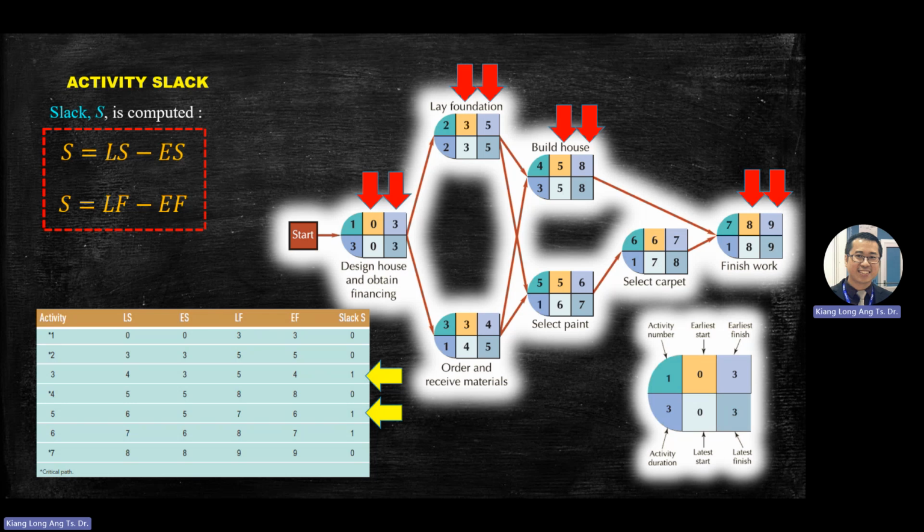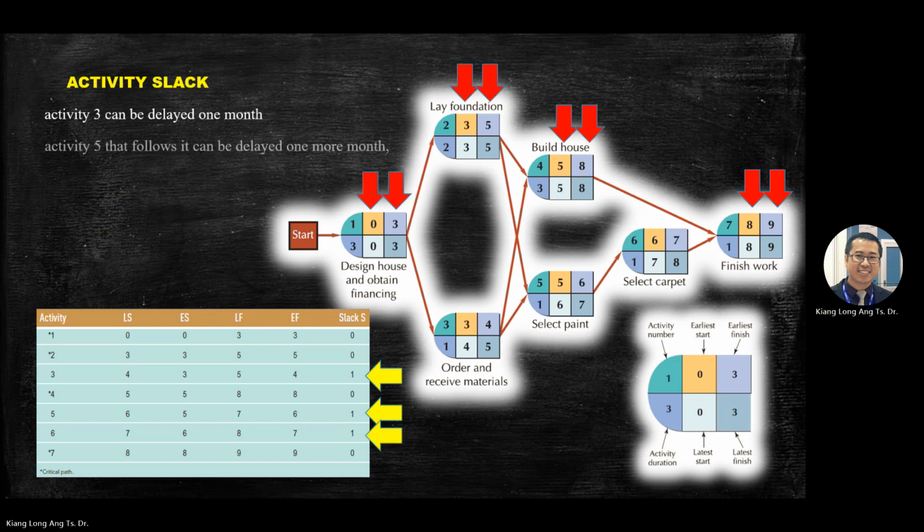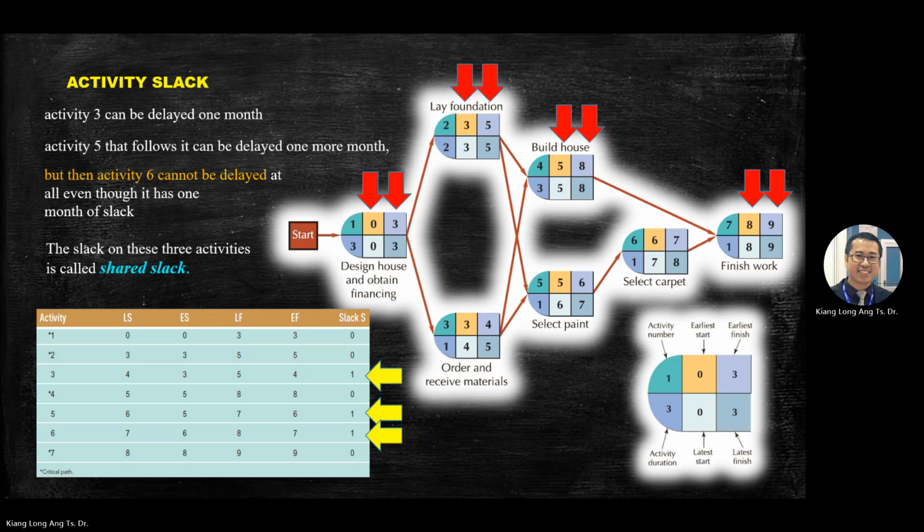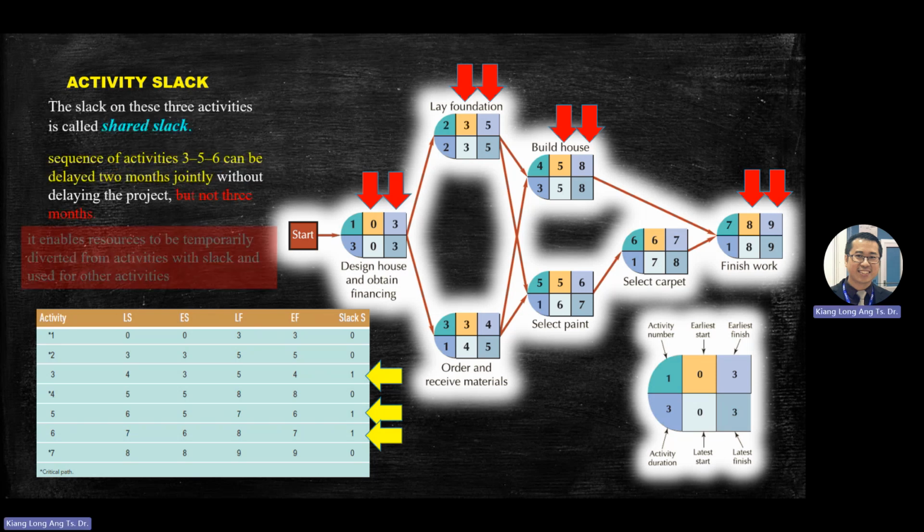In the test, you don't need to give me this table. From the answer of this one, you already can tell me which one is 0 already. The rest you read.